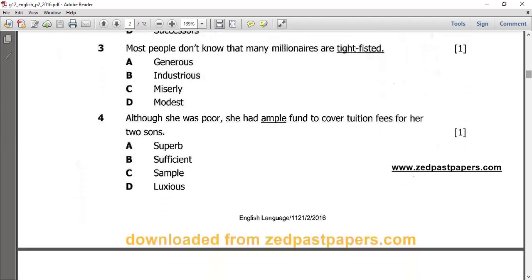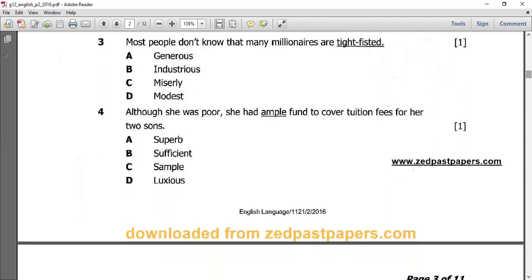Question number 3 says most people don't know that many millionaires are tight-fisted. The word tight-fisted talks about problems. When we say millionaires are tight-fisted, we mean they face a lot of problems. So what kind of lifestyle can they be living?